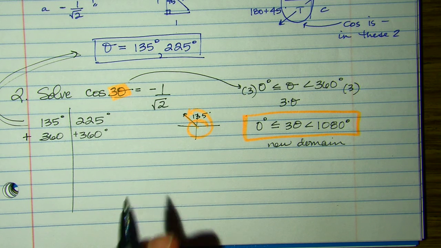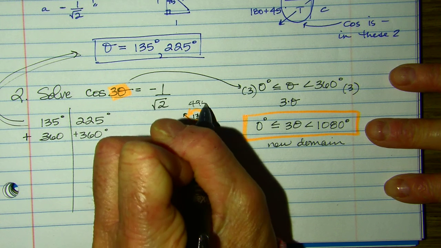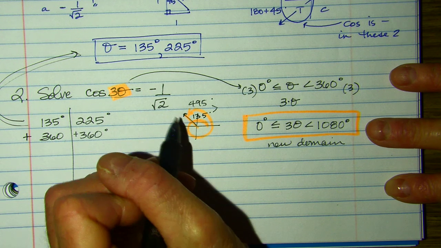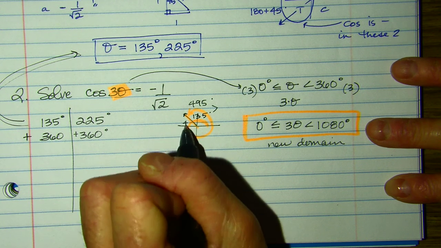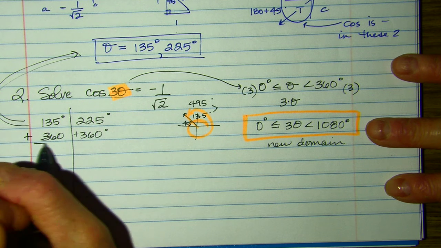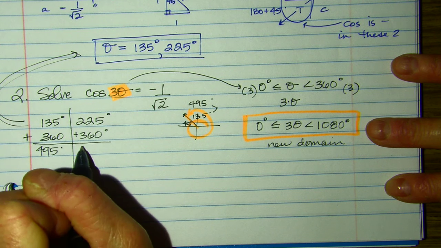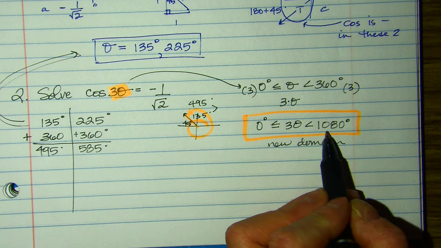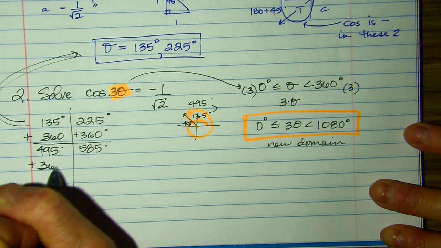So 135 and 495 are related angles because they share the same terminal side. They would still produce 45 degrees with the x-axis. So I'm going to add, and that gives me 495, and this gives me 585. Now, I can go up to 1080, so I can do another rotation of 360.